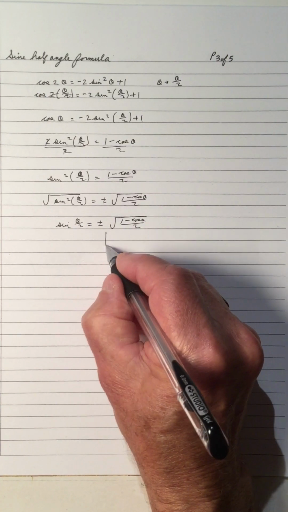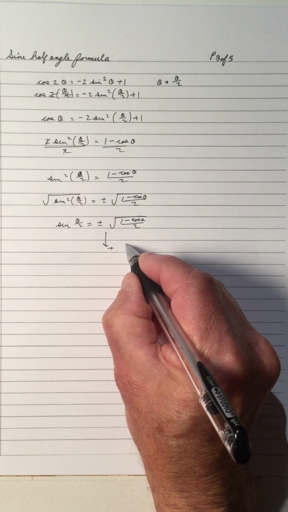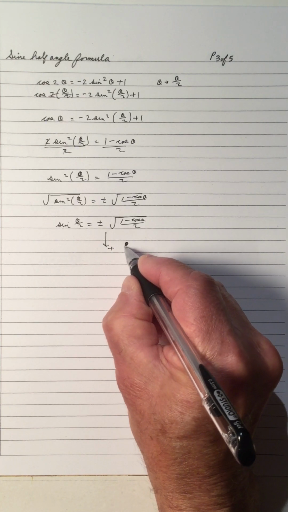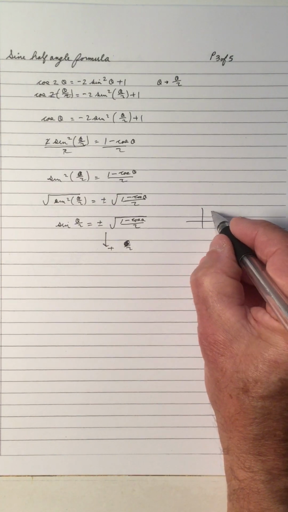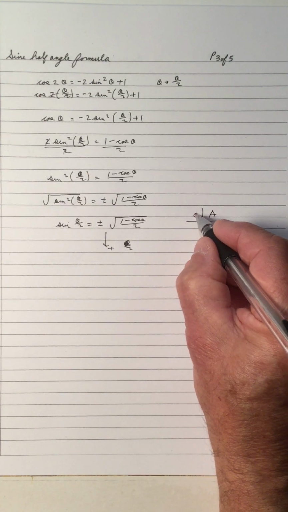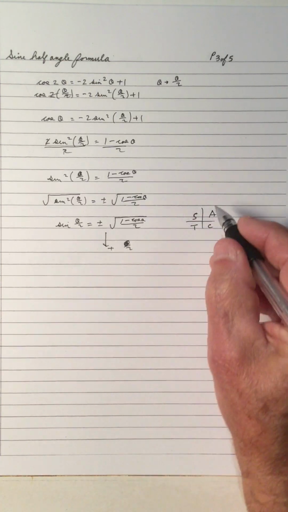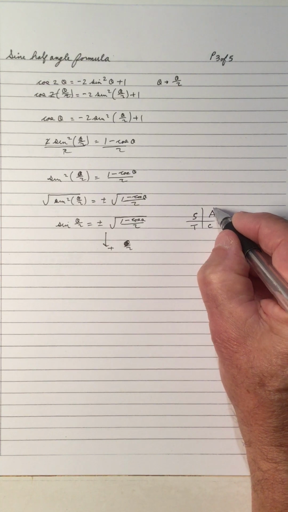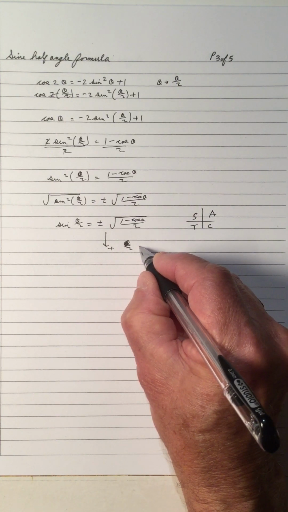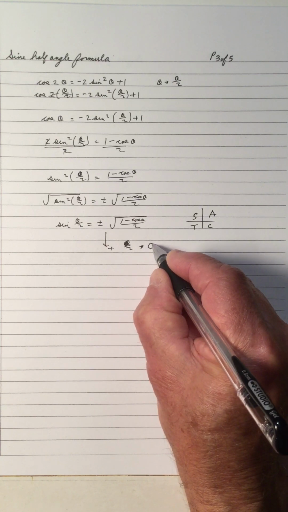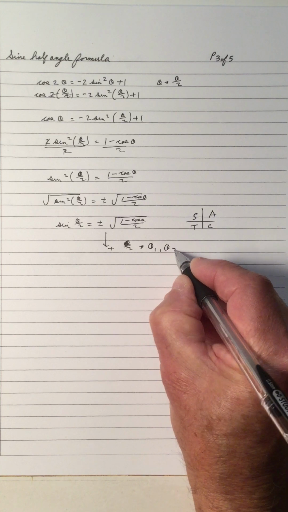And this is plus when theta over 2, and again we add sugar to coffee, sine is positive in 1 and 2, so that's when theta over 2 lies in quadrant 1 and quadrant 2.